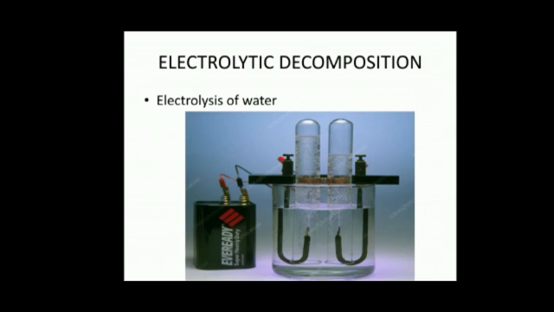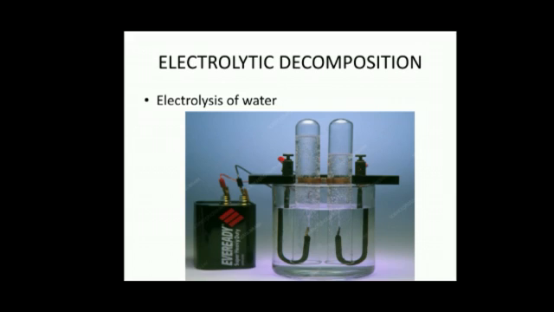Now, next type of decomposition is electrolytic decomposition reaction. It is also known as electrolysis of water. See the image. What you will find here? You can see an Eveready battery. Battery is used to supply direct current or DC. Now, why direct current?